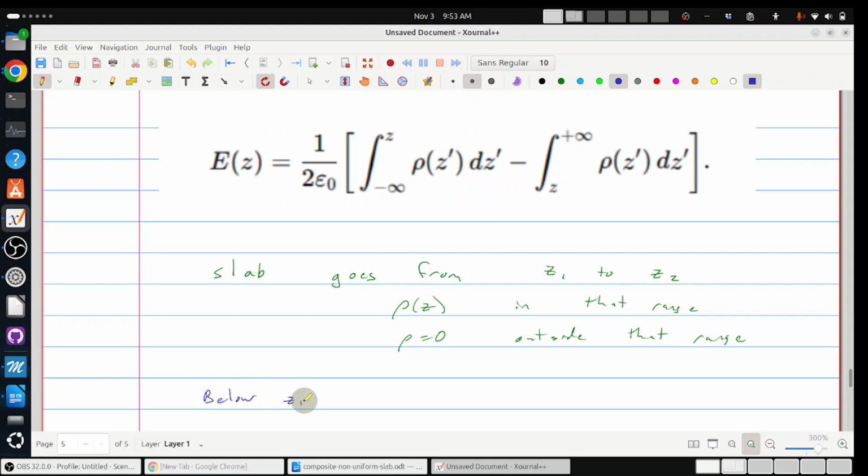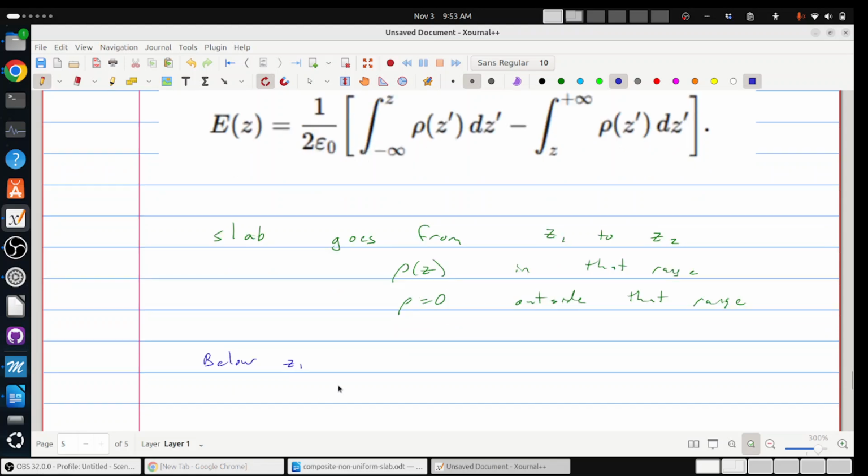So if you're below Z1, then you've got an integral, there's no charge underneath Z. And here, it actually only goes from Z1 to Z2, rho of Z prime dz.